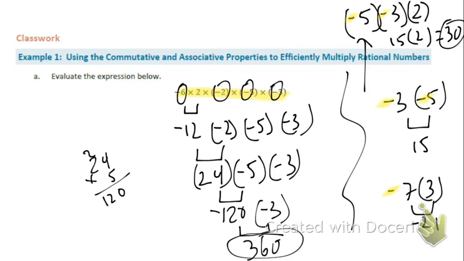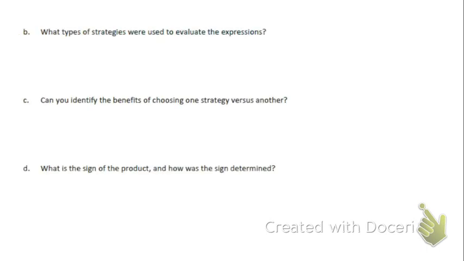So, real quick, what I want you to do, at the bottom, let's answer question D. What is the sign of the product and how is the sign determined? Remember, the product is just the answer to a multiplication problem.